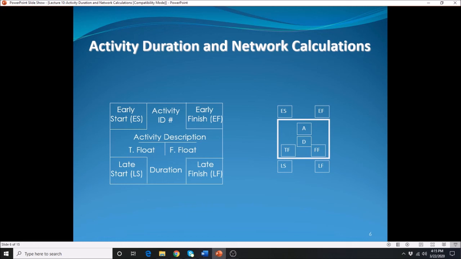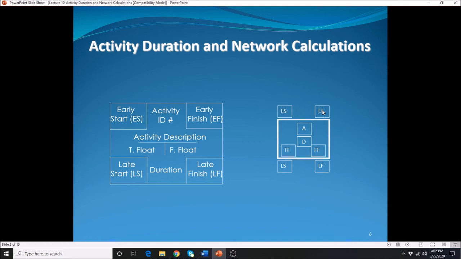Alright, so as we begin with the calculation of the network diagram, there are several conventions that we need to follow. We are going to make use of this particular convention here that I provided you. We have here on the upper left of the box, that will be the early start of a given activity.